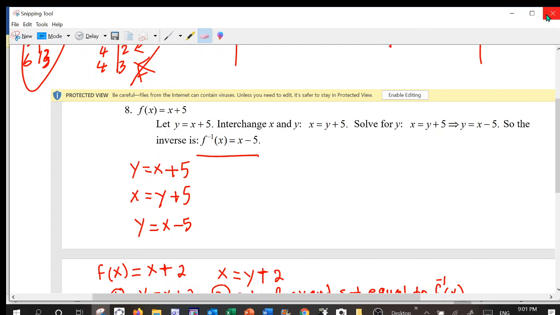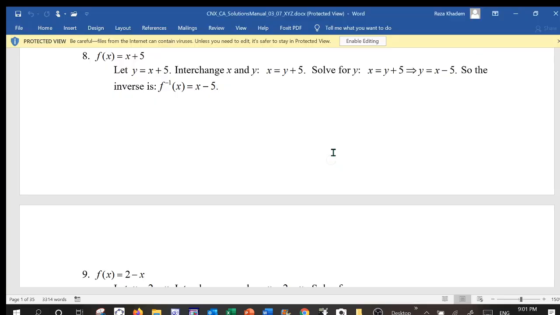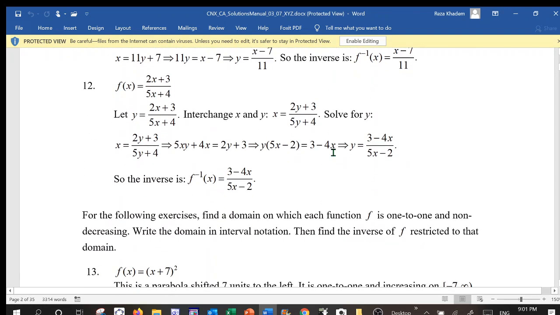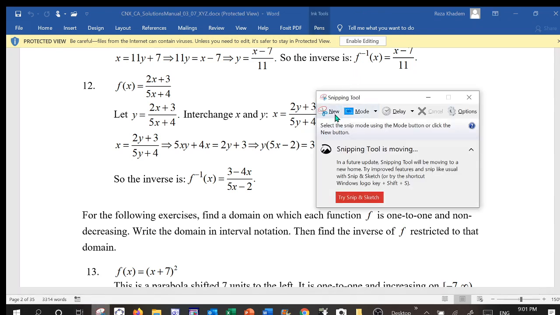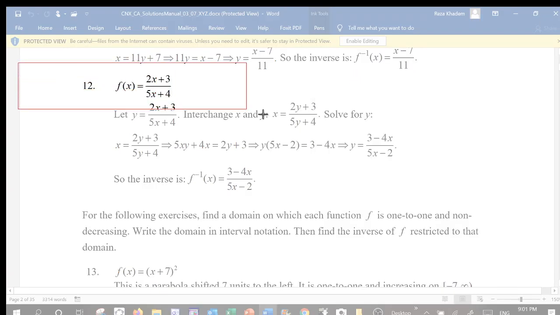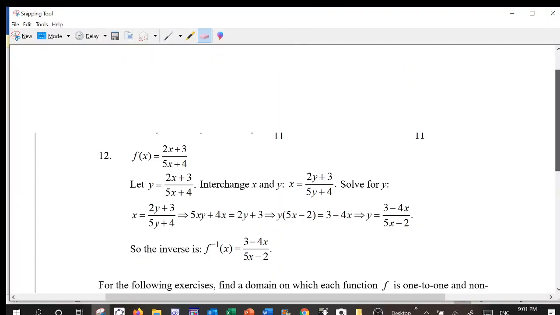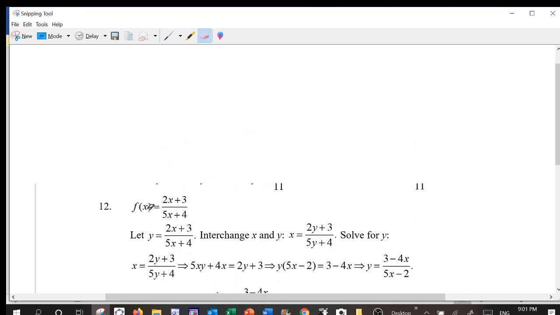Let's do number 12. This is a little more involved. So this is number 12.